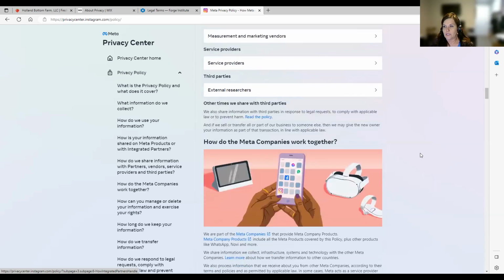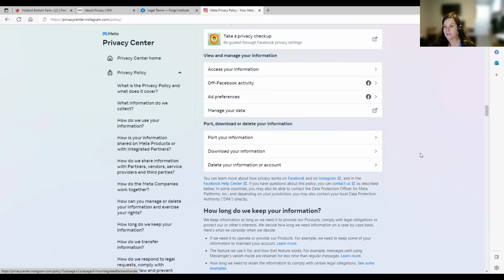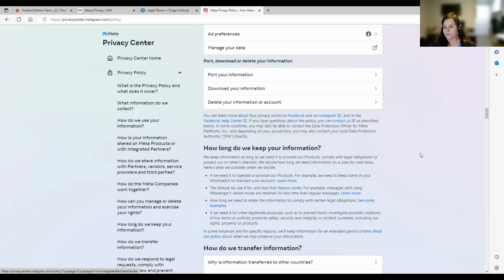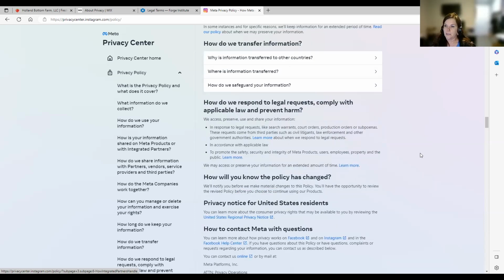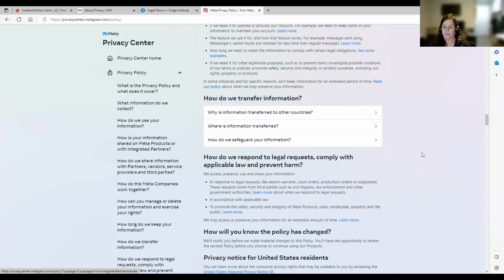Now, when we talk about how the personal information is being protected, it's provided here in some way, where it talks about how they're following applicable laws.